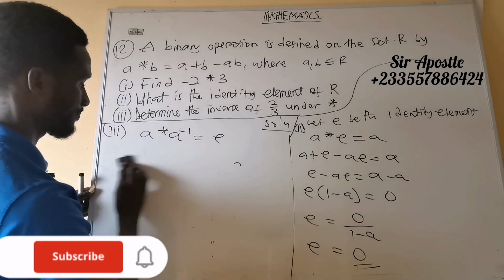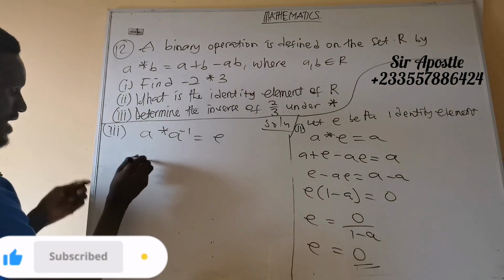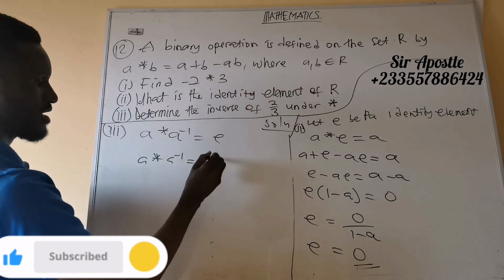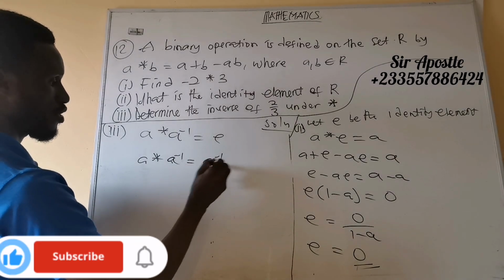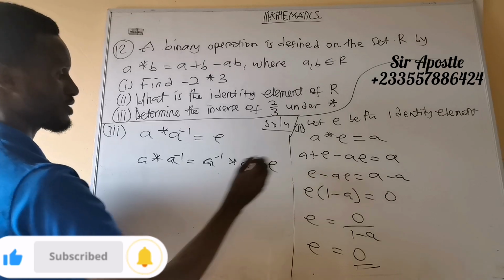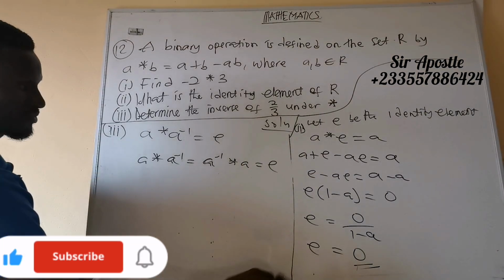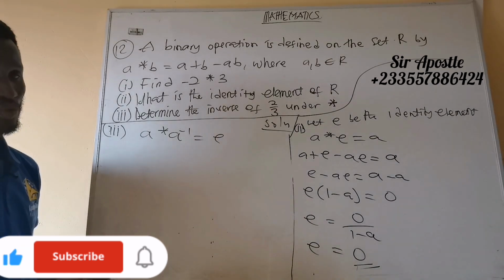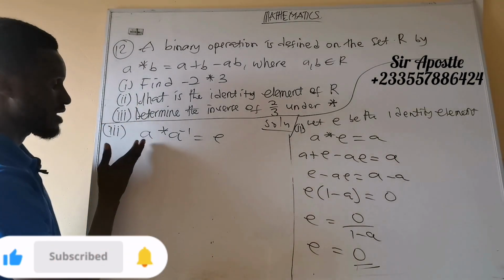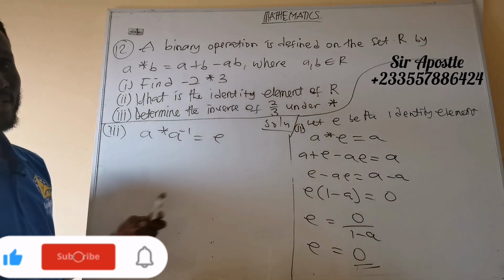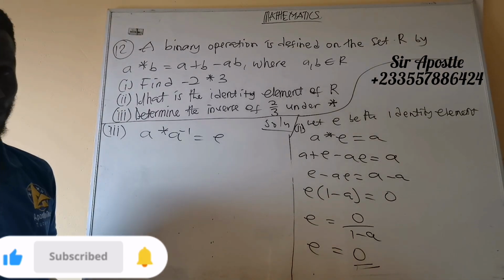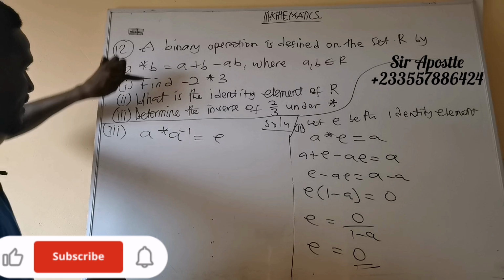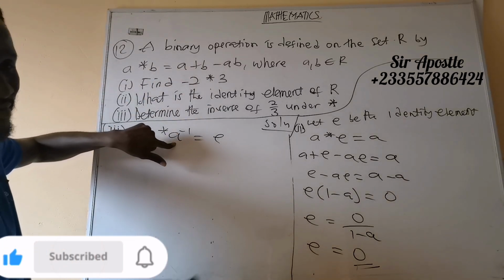So with this one, I can say that either A operation A inverse, or A inverse operating on A, we are supposed to get the same identity. I'm going to use this one to solve. A number and its inverse is also commutative, so you can change the order and still get the same thing. Now, let's compare. A is A, the B is now A inverse.